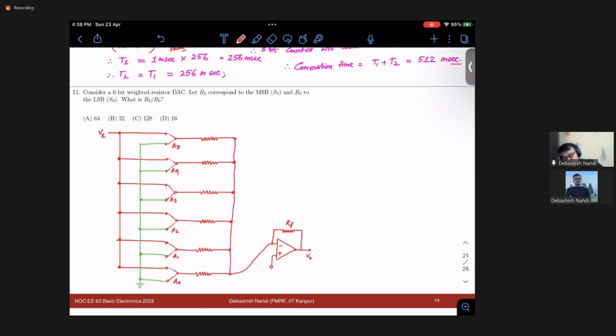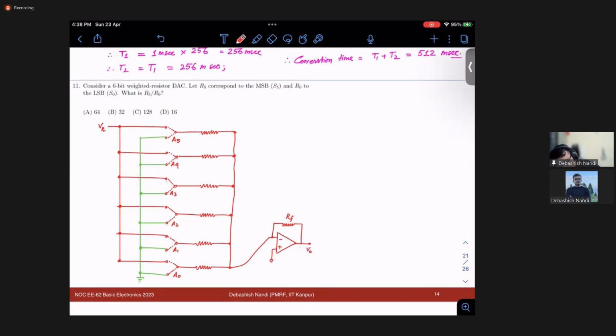Generally, in binary weighted resistors, the resistances are like this: R5 would be R, R4 would be 2R, R3 would be 4R, R2 would be 8R, sorry, this would be R1, 16R, and R0 would be 32R.